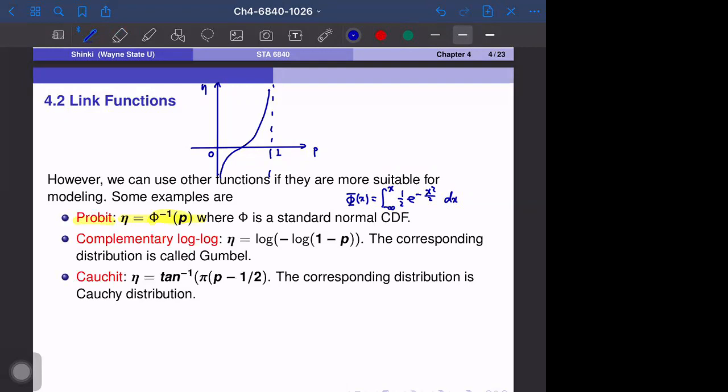For example, the probit model has a multivariate version. Multivariate means the y is multivariate. Usually we only have one variable y, but sometimes we have y1 and y2. So y1 is success in some sense, and y2 is another binary variable.